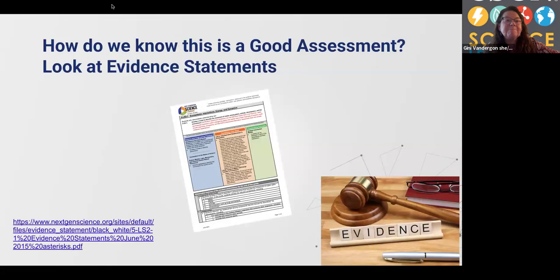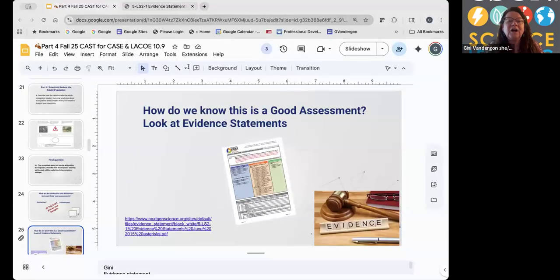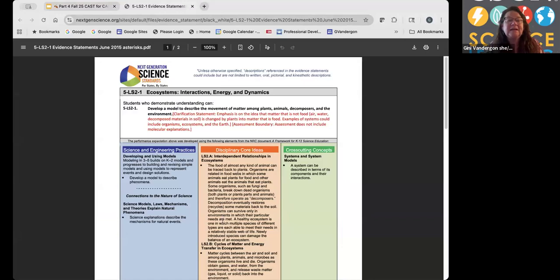Because I actually called it up since I realized I didn't take a picture of the top part of the evidence statement for this. So what you'll notice here is that for ecosystems, interactions, energy, and dynamics for fifth graders, they're supposed to develop a model to describe the movement of matter among plants, animals, decomposers, and the environment.